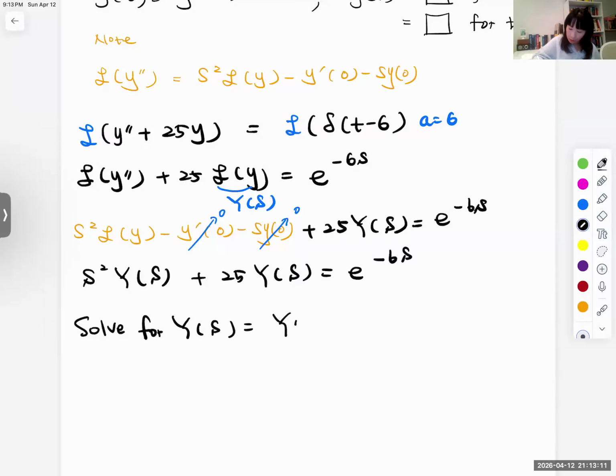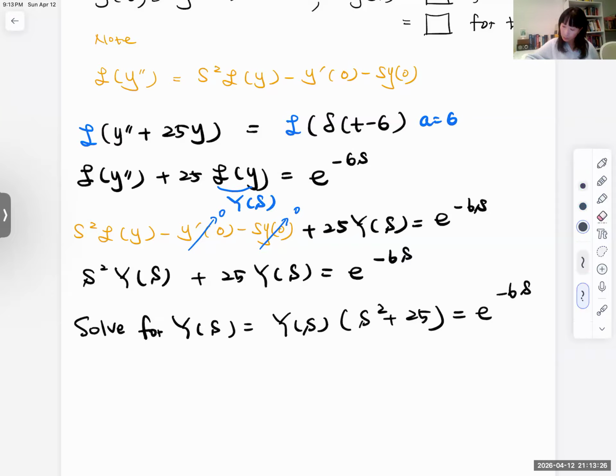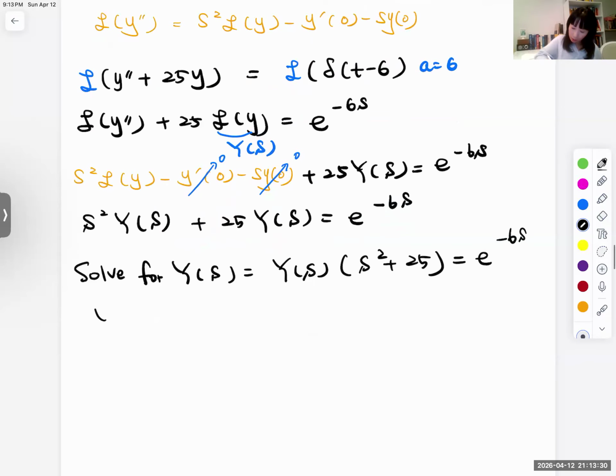We have Y of s times s squared plus 25 equal to e to the negative 6s. Then Y of s equal to e to the negative 6s over s squared plus 25, right?